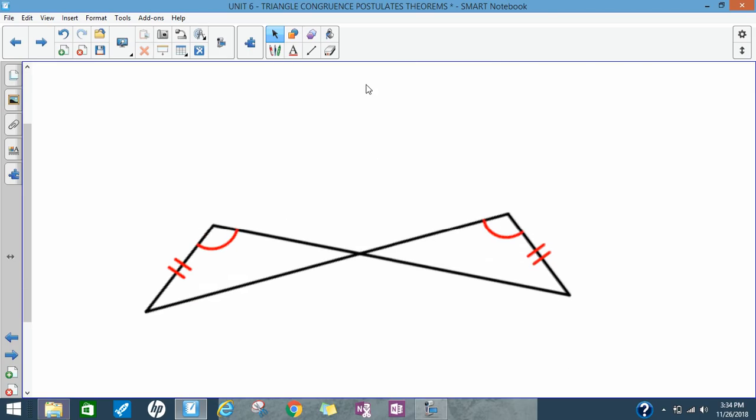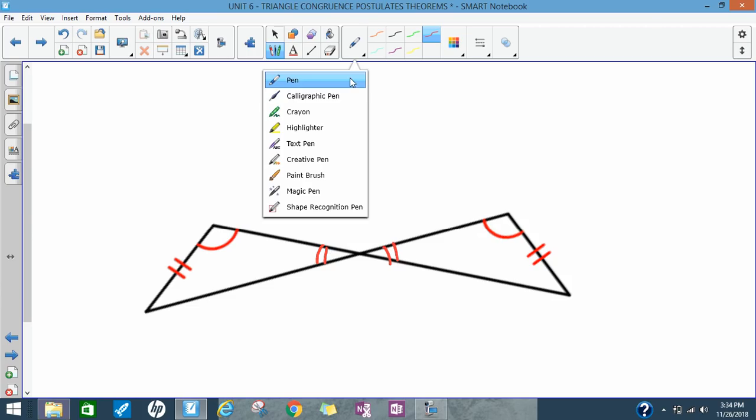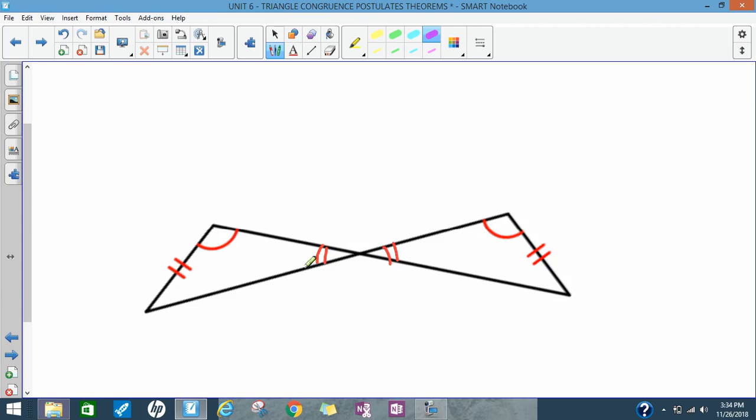In this pair of triangles, I'm going to look for vertical angles and reflexive property. I see vertical angles. I don't see any reflexive property. It looks like I have two pairs of congruent angles, and then I have a pair of congruent sides.